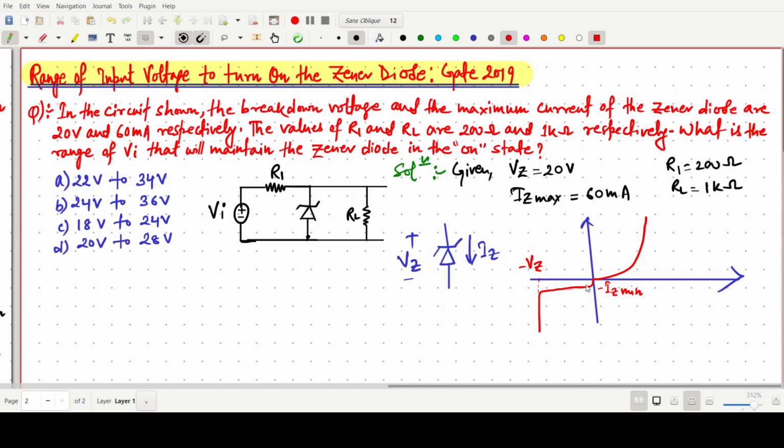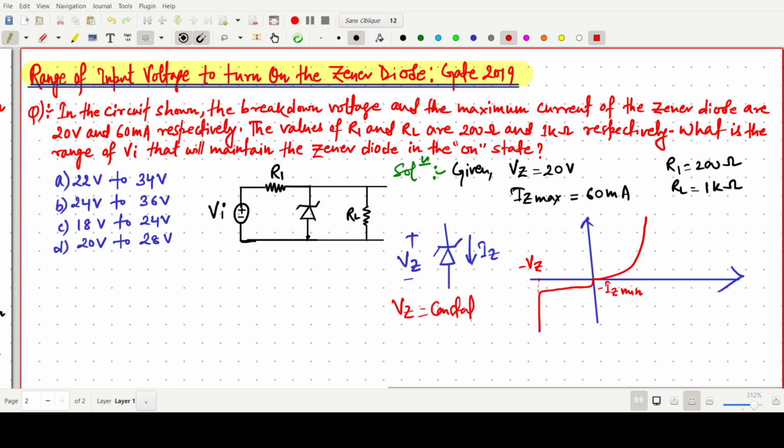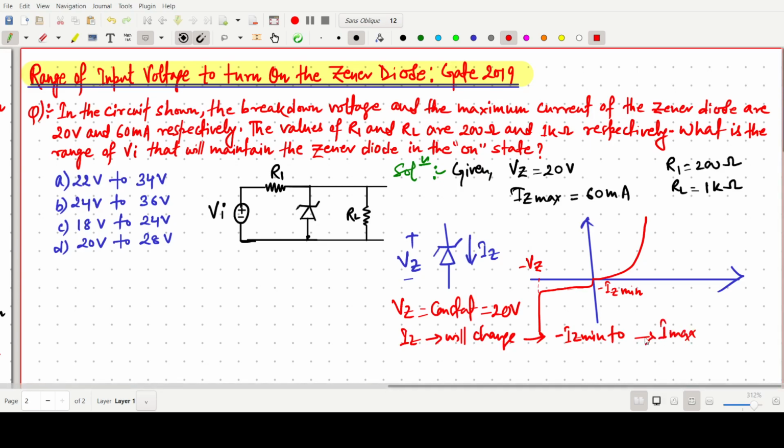In a Zener diode we have to keep the voltage VZ constant, that is our 20 volts, but the IZ value will change, either from IZ min to some other value like IZ max. It may be any current. In our case, the maximum current that will flow is 60 milliampere.